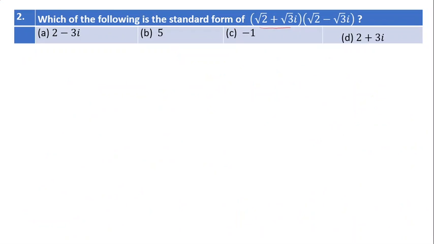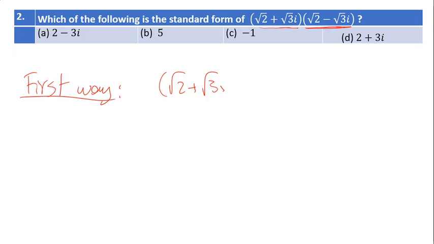Let's solve this exercise. We will do a product here. There are two ways of doing it. The first way is the straight multiplication, the distribution property of multiplication.